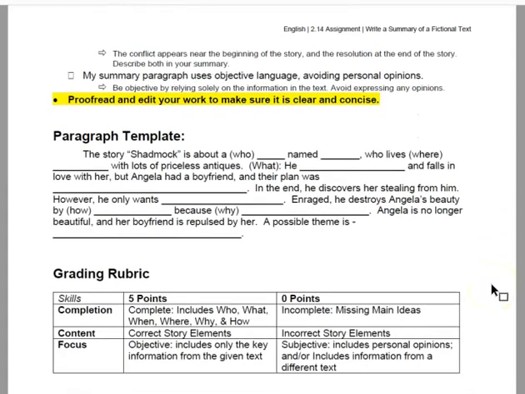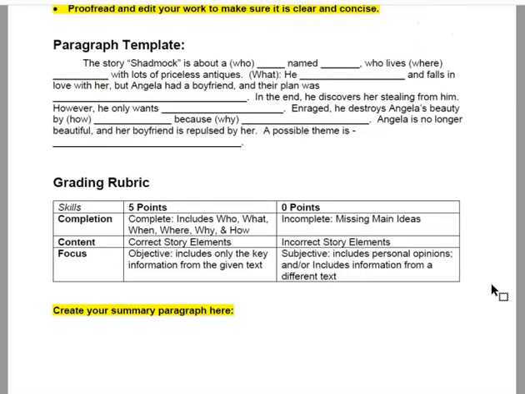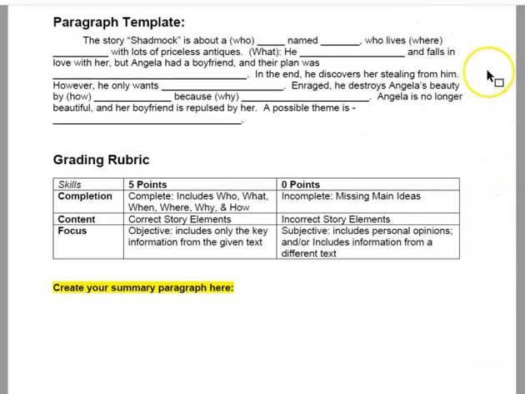So then we have the paragraph template. You can use this to help you create your summary paragraph. The story Shadmock is about a who, blank, named blank, who lives where, blank, with lots of priceless antiques. What? He blank and falls in love with her, but Angela had a boyfriend and their plan was blank.